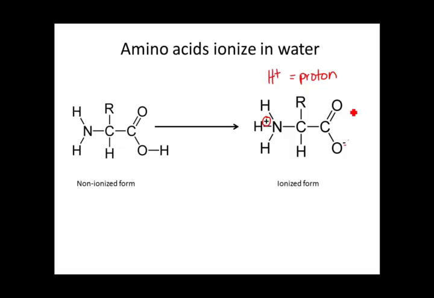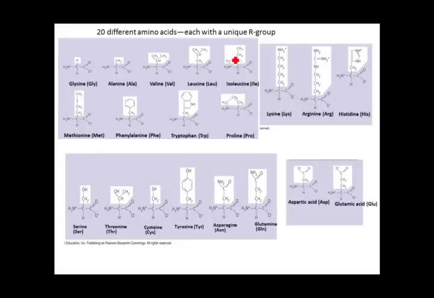Since water is everywhere inside cells, we typically find the amino acids ionized in cells. Some of the diagrams show that and some don't, so I just want to make sure you're aware of it. This chart here shows the 20 different amino acids. I definitely don't expect you to memorize what the different R groups are, but I do expect you to know and be able to figure out the basic structure.